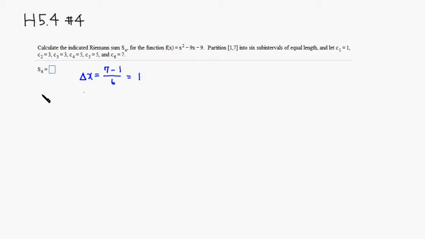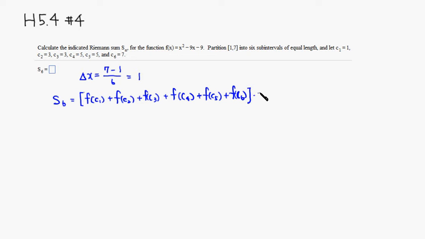Then S6 is equal to f of c1 plus f of c2 plus f of c3 plus f of c4 plus f of c5 plus f of c6, and then times delta x, which we already found to be 1.